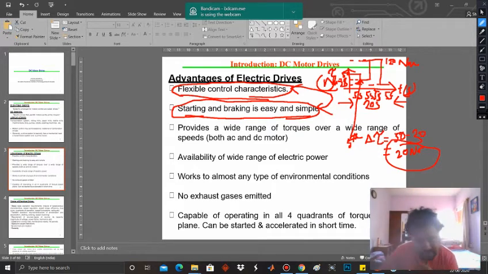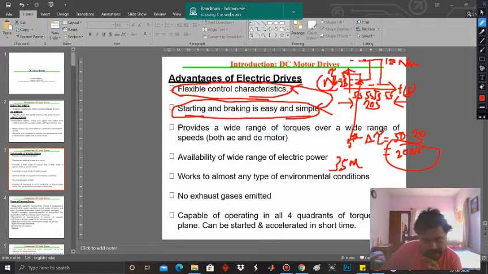So if your motor, or rather your electric drive, is not flexible, and its response time is not instantaneous, then at that particular point of time, instead of the final value being 30 Newton meter, it will be, say, 35 Newton meter.